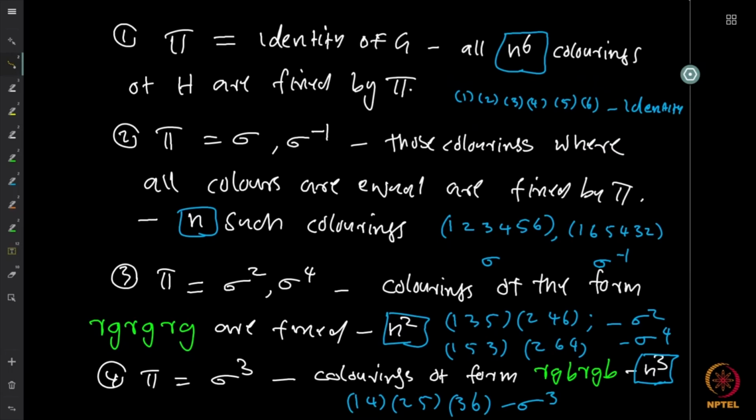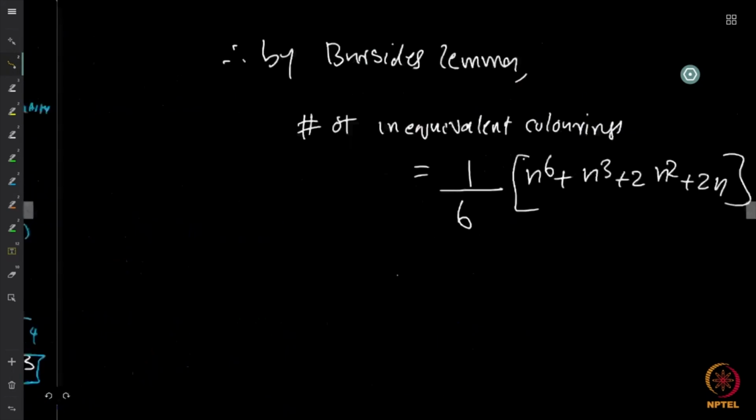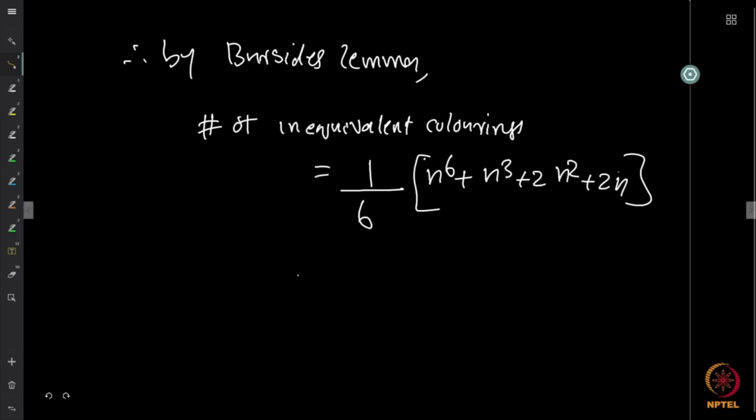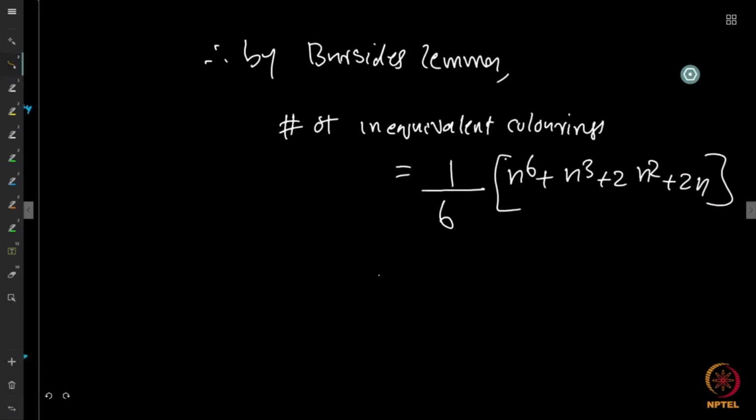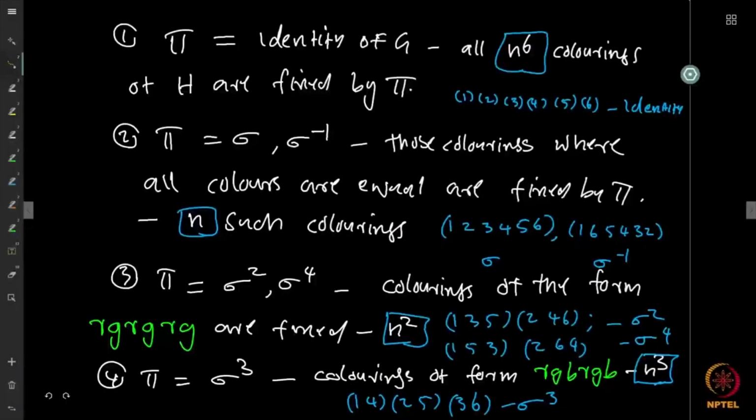So the identity permutation has exactly 6 cycles, 6 1-cycles. Now, what about this 2n, where the exponent of n is 1? How many cycles are there, for example, in sigma?